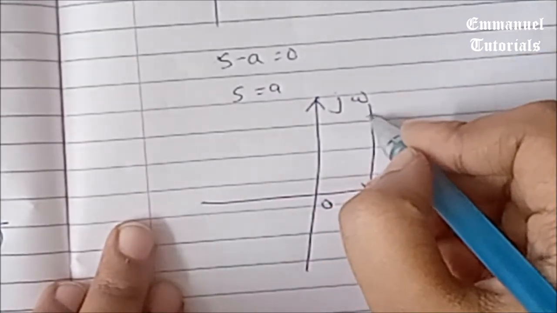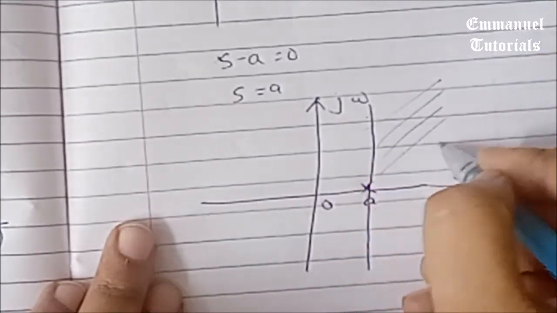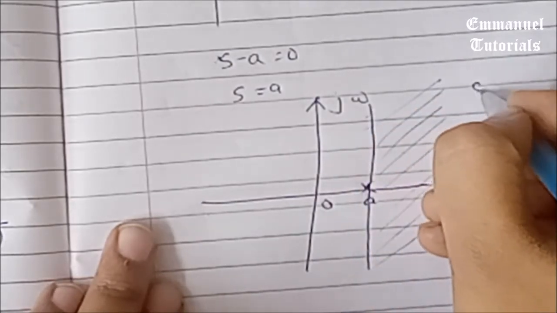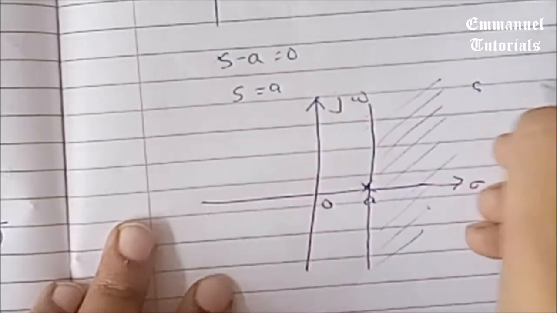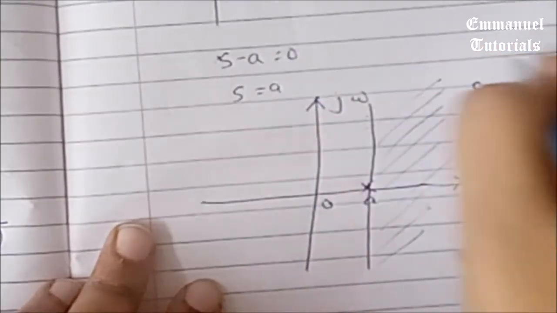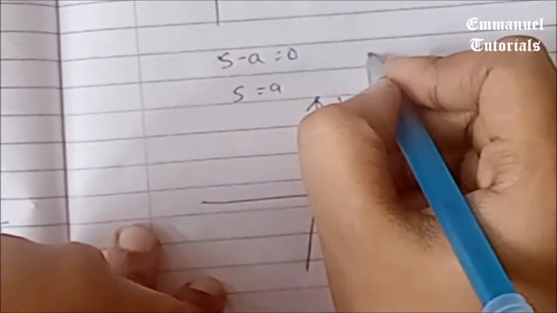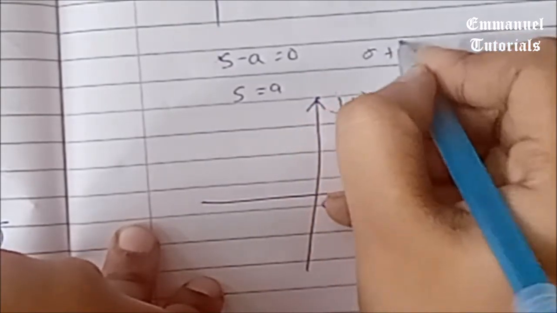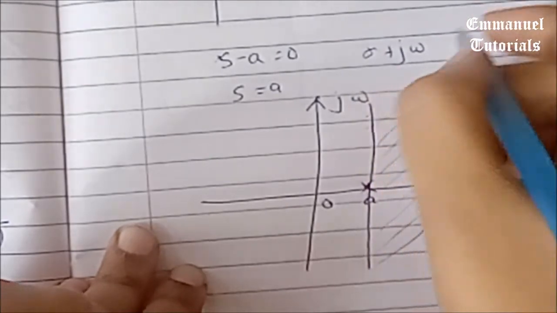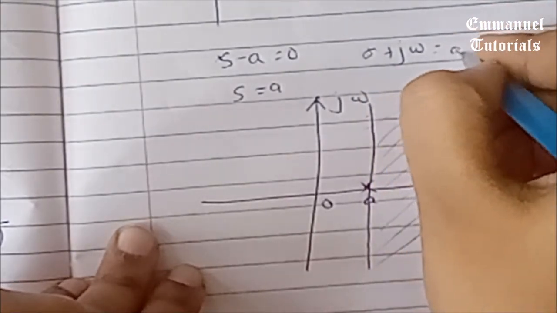So it will be s greater than a. Now s is sigma plus j omega.